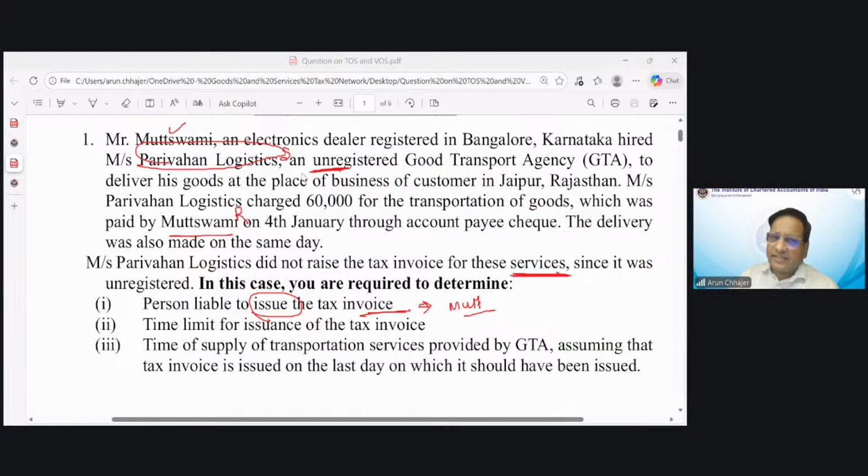Just tell me one thing. I'm asking a different question altogether. I am a chartered accountant. Let's say I have done the audit for you and I'm raising an invoice of 20,000.